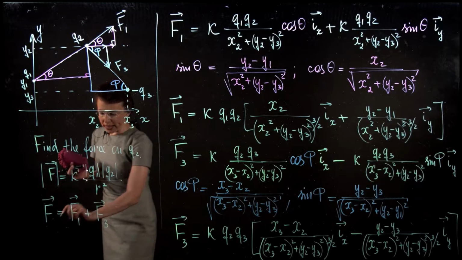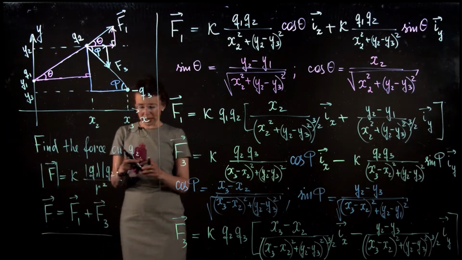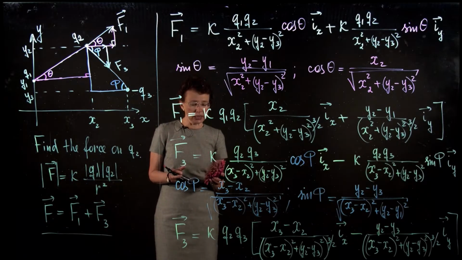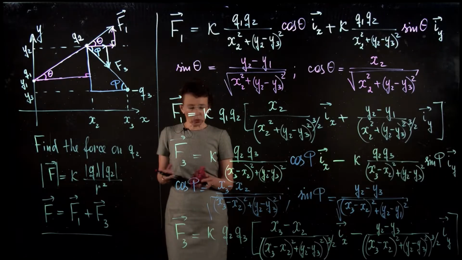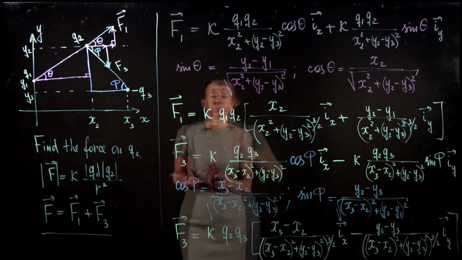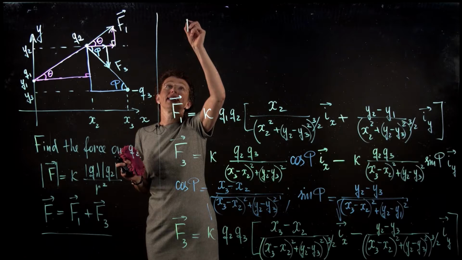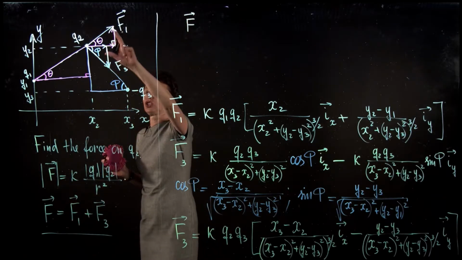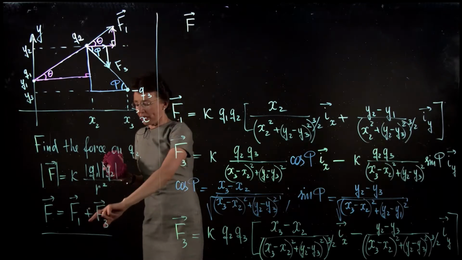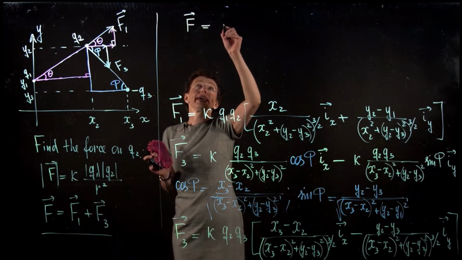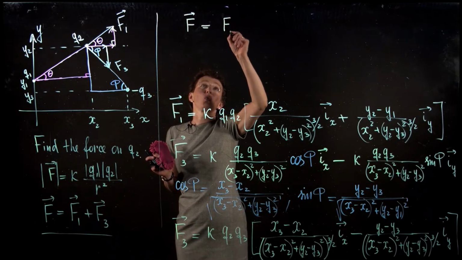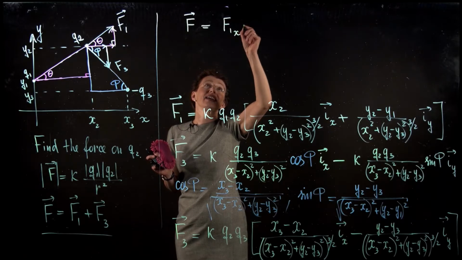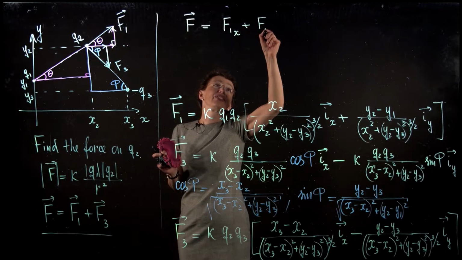What we need to do next, now we need to add them as vectors, which means that we need to add x components and y components together. The net force acting on charge Q2 will be equal to F1x plus F3x.